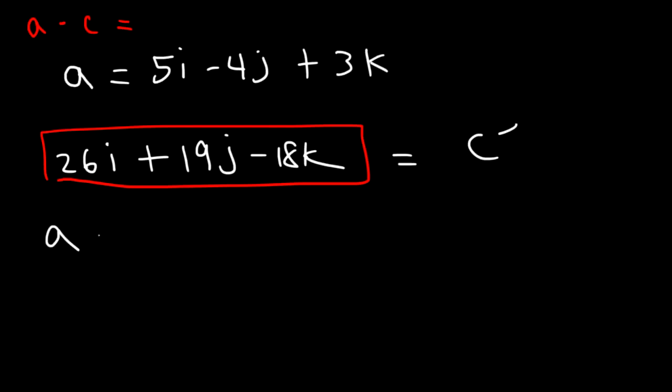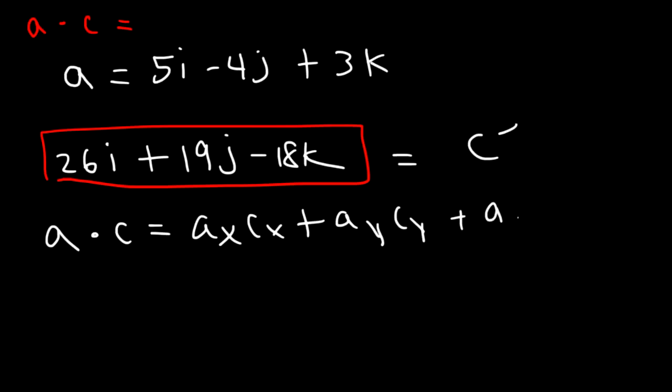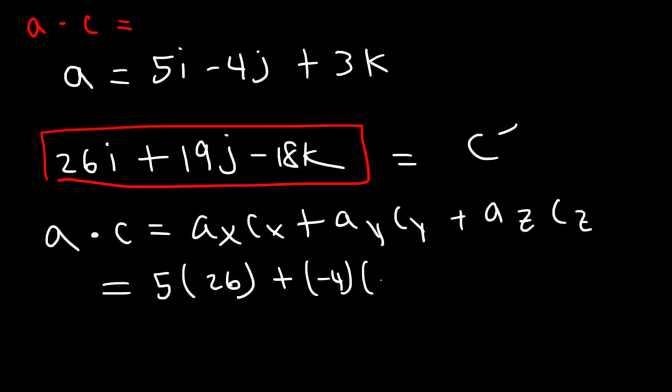So the dot product of A and C is going to be AX times CX, plus AY times CY, and then AZ times CZ. So AX is 5, CX is 26, AY is negative 4, CY is 19, and AZ is 3, CZ is negative 18.